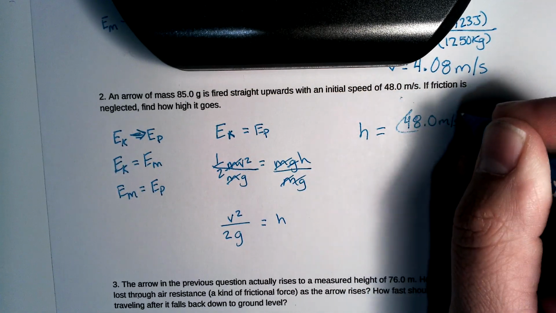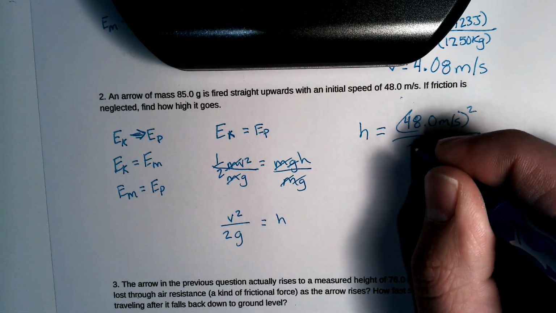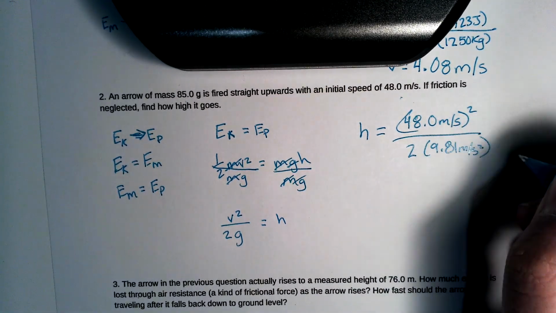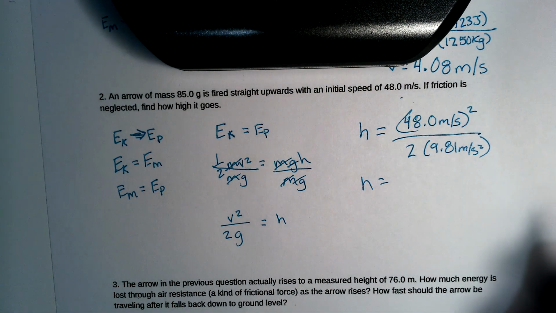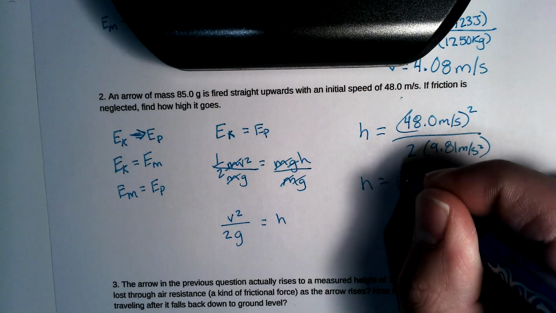Make sure it's always in meters per second, not in kilometers per hour or anything else. Times 2, 9.81 meters per second squared. And so our height in meters is equal to 117 meters.